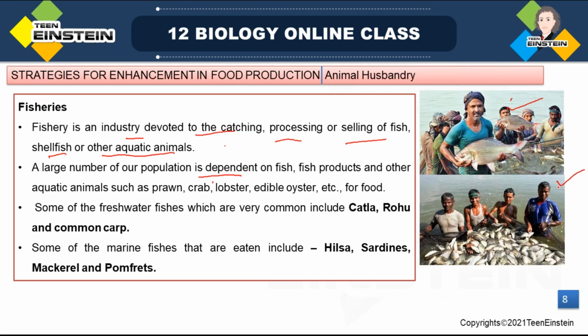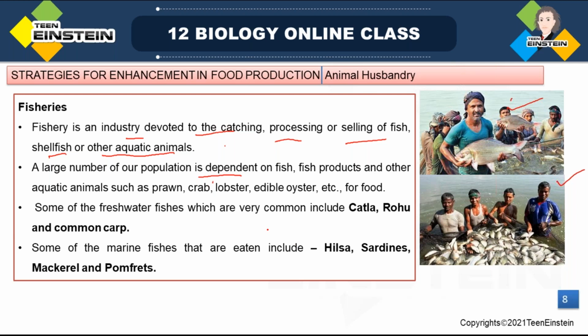A large number of people are depending upon this fish for their income, right? So they are cultivating aquatic animals like prawns, crabs, edible lobster, all these things, fish products, and other aquatic animals.